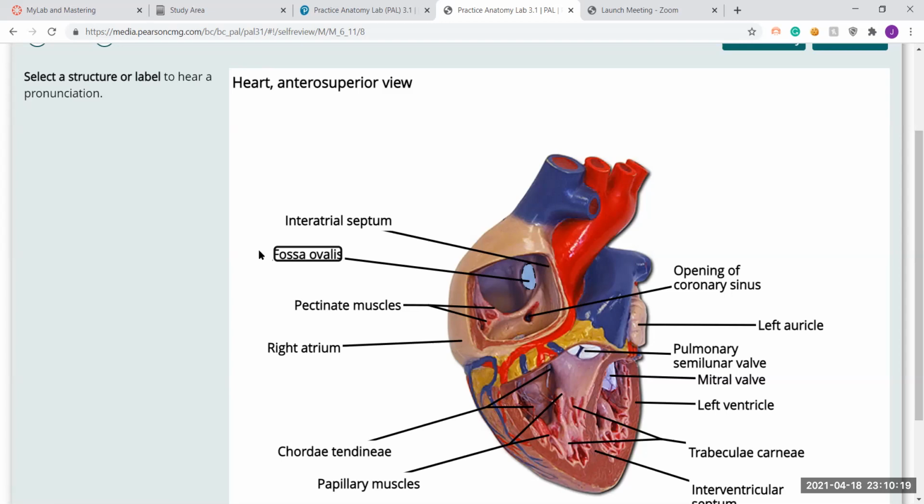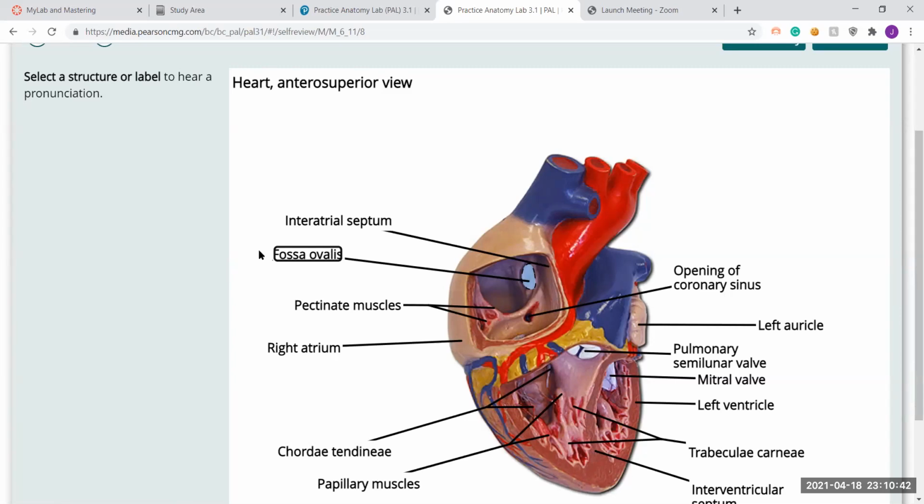Again, this fossa ovalis is a remnant of opening of the fetal heart, where in the fetal life, the blood is flowing from right atrium to the left atrium. But before birth, this opening closes. Sometimes it remains, and that produces murmur.